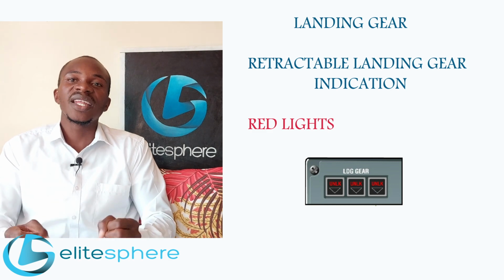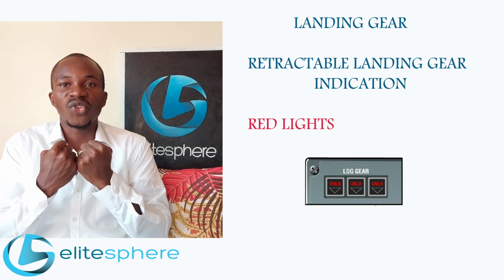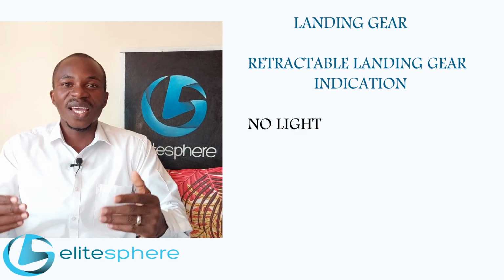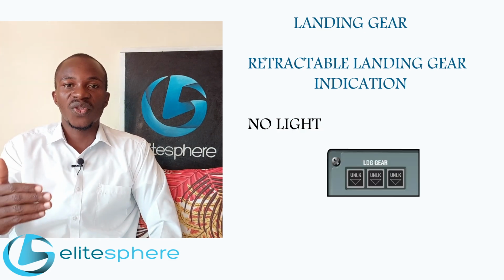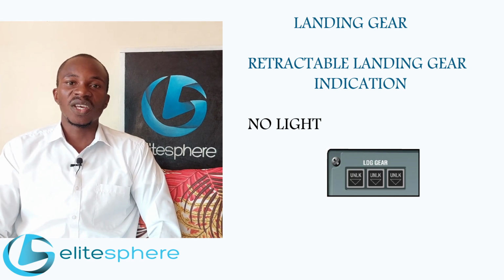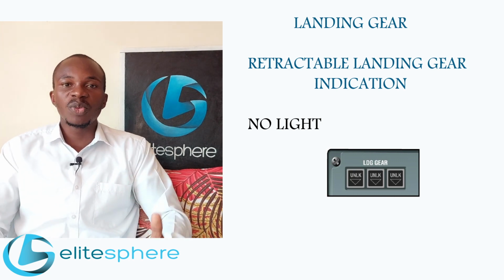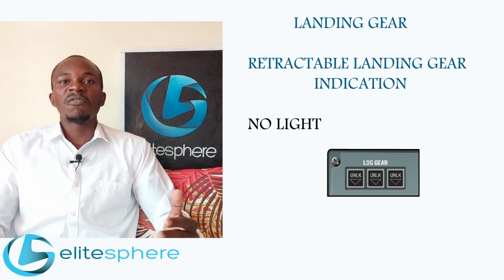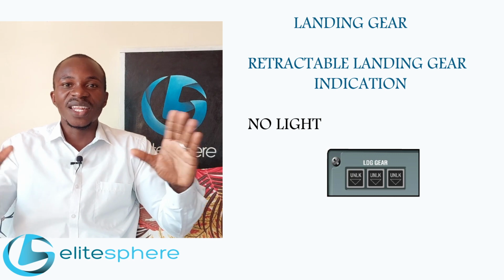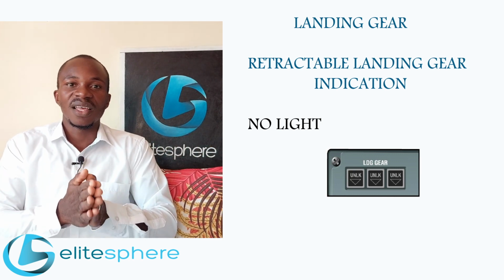Finally, when the landing gear are in the retracted position, that is up and locked position, there is no light indication in most aircraft, because most aircraft operate on a principle that is known as a dark cockpit. The dark cockpit principle is that whenever all systems are operating normally, there is no indication by means of light.